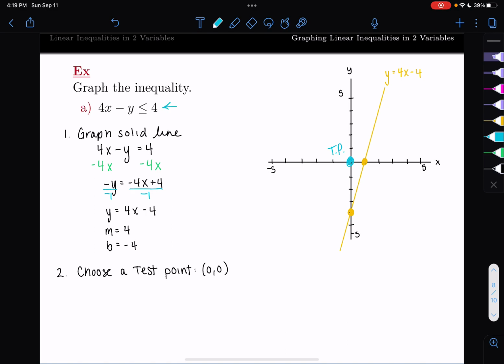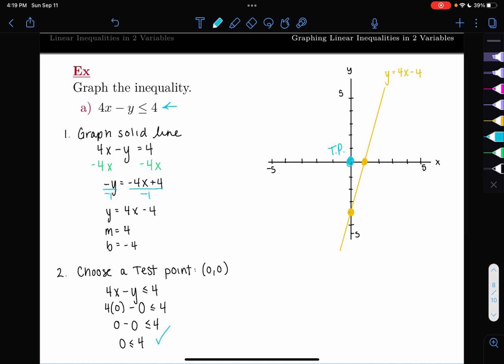So we plug that back up here and see if it works. We're dealing with the inequality 4x minus y is less than or equal to 4. If I plug in x is 0 and y is 0, do we get a true statement? 4 times 0 is 0, minus 0. We end up with 0 is less than or equal to 4.